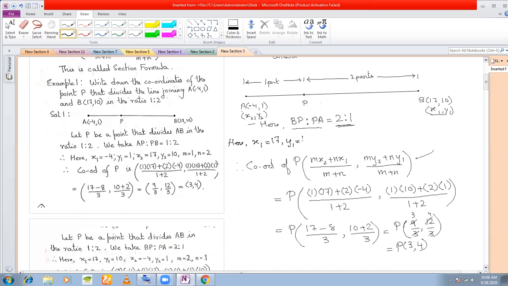Y1 here is 10. X2 here is -4. Y2 here is 1. M here is, this is M is to N. Okay. So M here is 2 and N here is 1. Okay. Now we shall use the formula to find out.